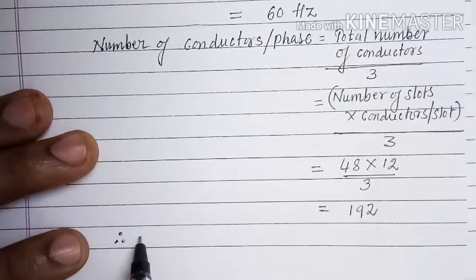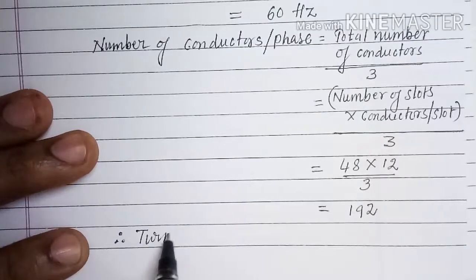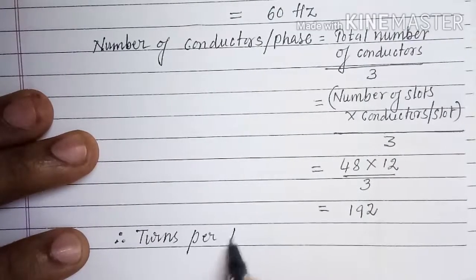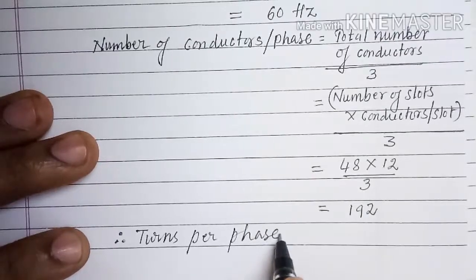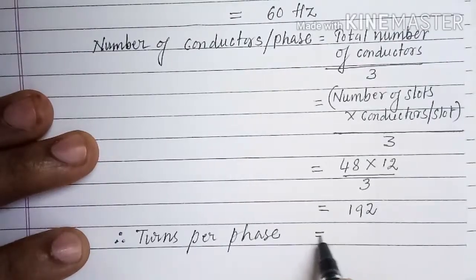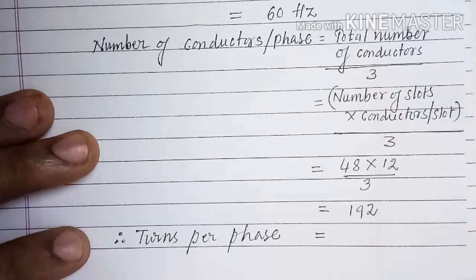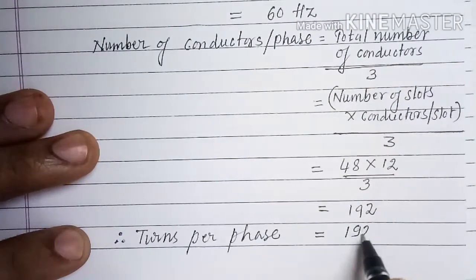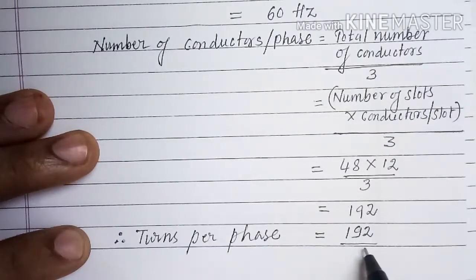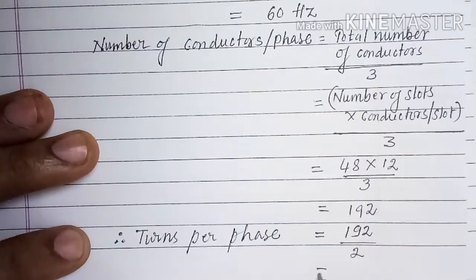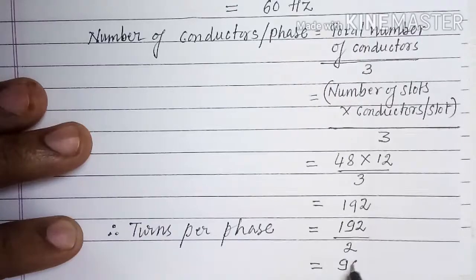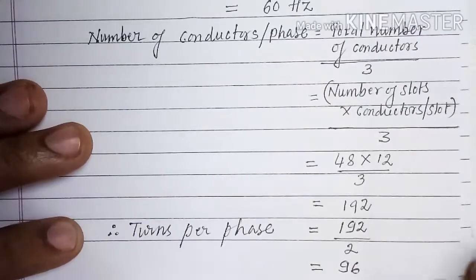Therefore, turns per phase is equal to 192 by 2, that is 96.